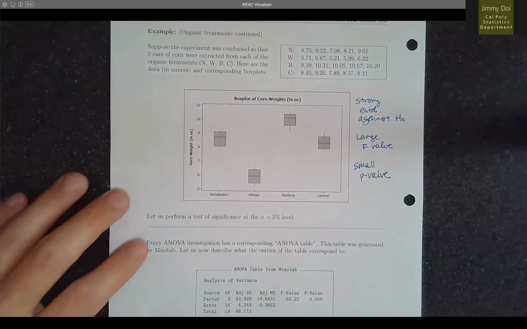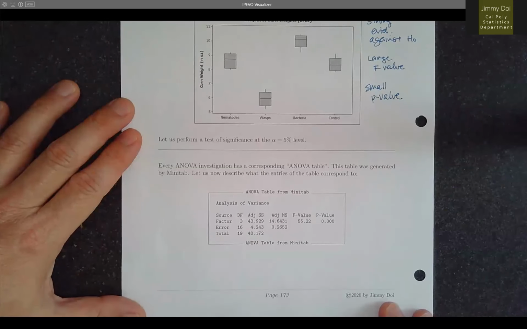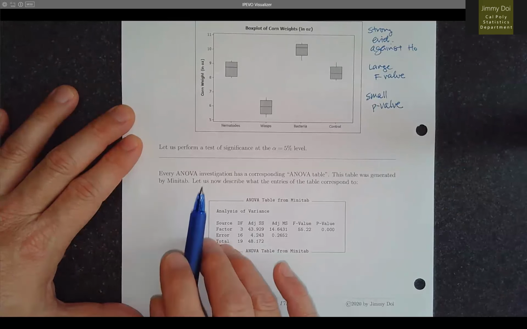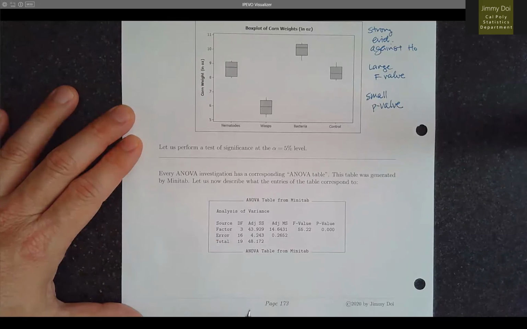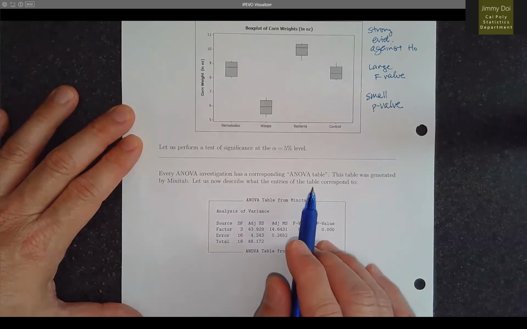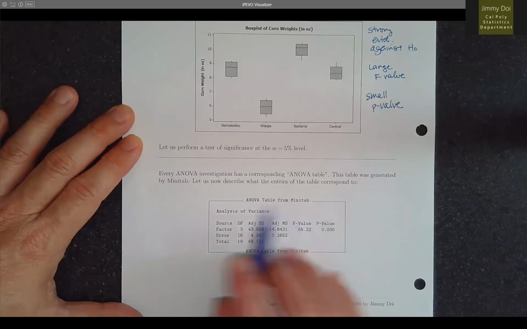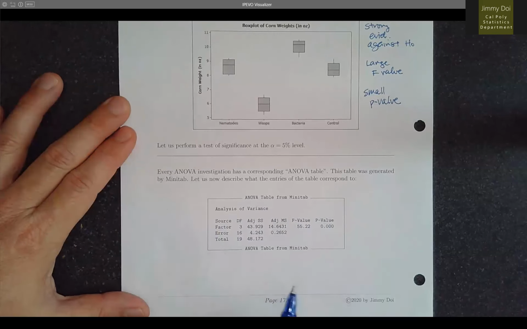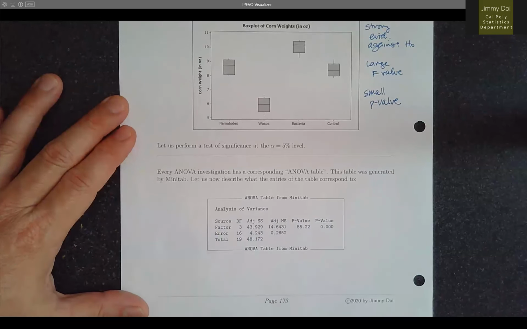Let's take a look at here. This is perhaps the most important part of this discussion. For every ANOVA investigation, there is a corresponding ANOVA table. This is called the ANOVA table, and every software will produce something like this. This table was generated in Minitab, of course.